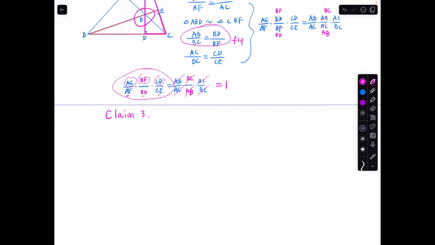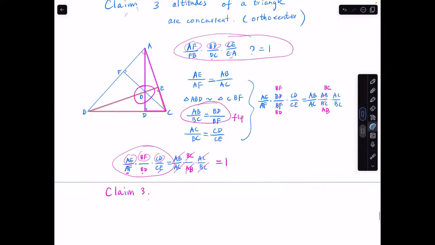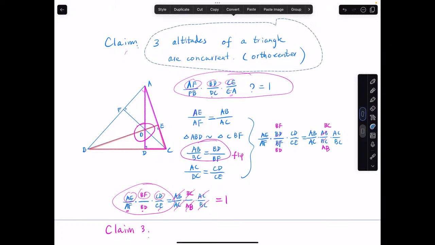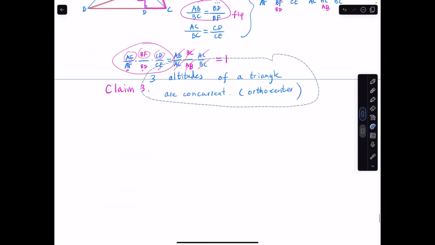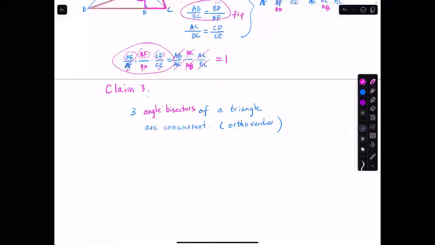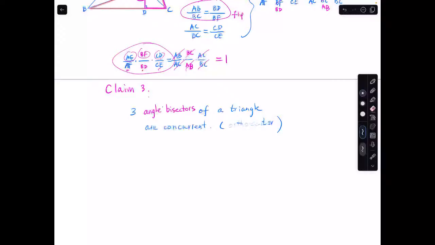Now, the third claim we're going to prove, of course, is claim 3, the angle bisector. Here we're going to prove that not the altitudes, but the angle bisectors of a triangle are concurrent, and of course this is not the orthocenter.